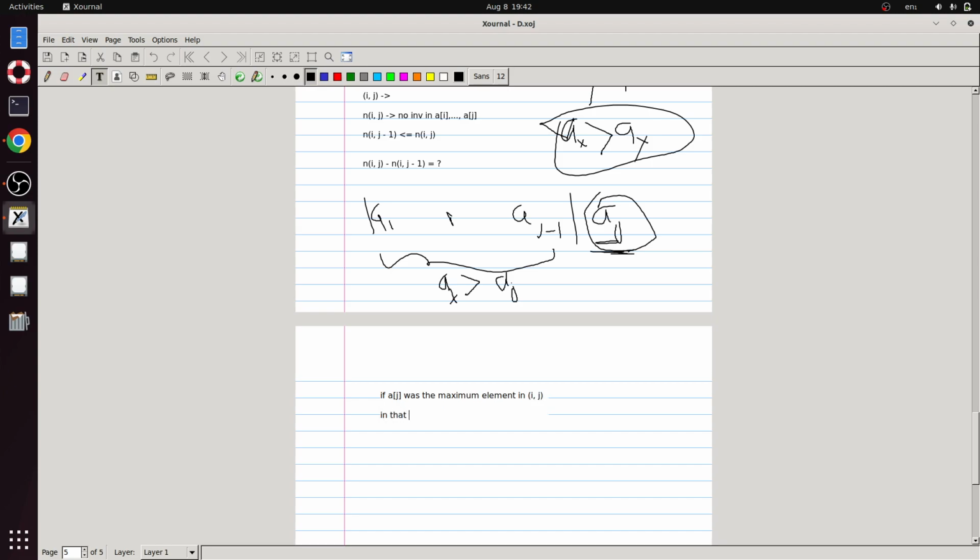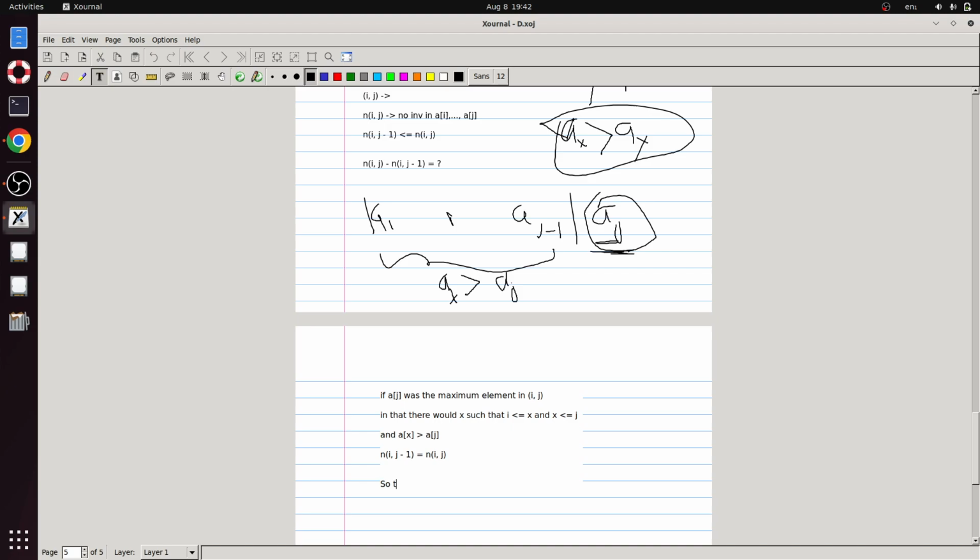In that case there would be no x, with x greater than or equal to I and x less than j, such that a of x is strictly greater than a of j. There won't be any such element. So it would mean that adding j would not lead to an increase in the number of inversions, and so n from I till j minus 1 will equal n from I till j.